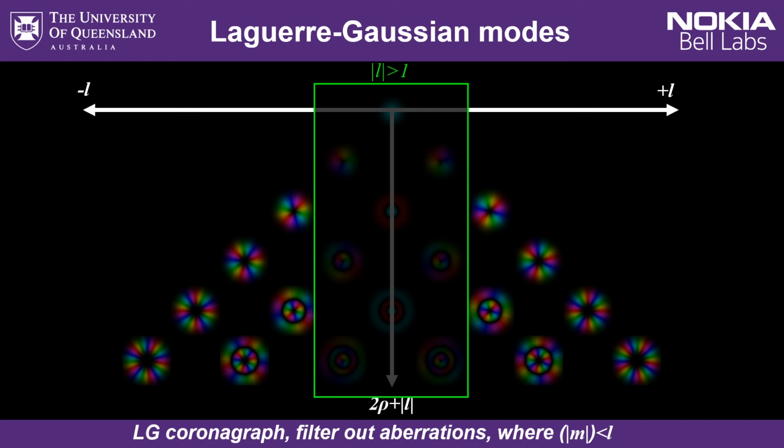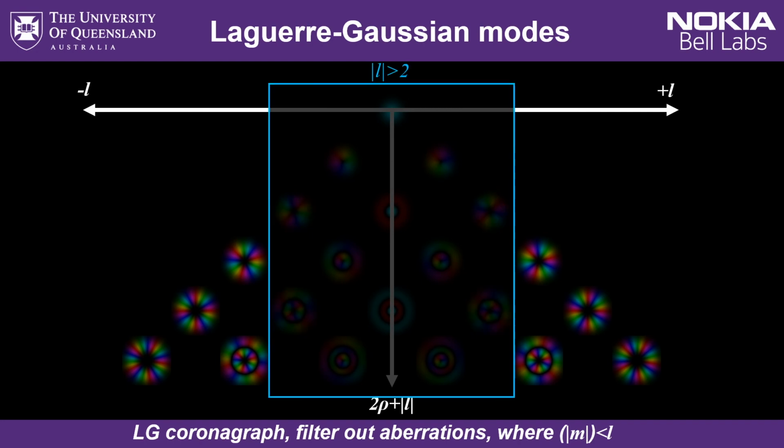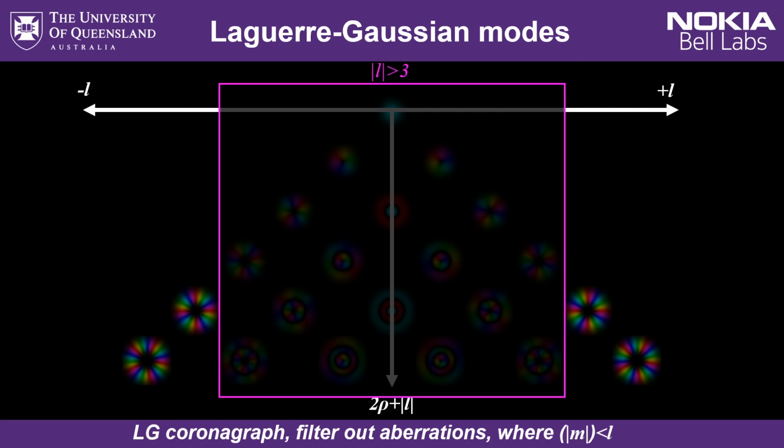So if we block out L equals 1, that gives us insensitivity to tilt, but also to coma and all the higher order coma terms. If we block up to azimuthal index 2, we start to filter out astigmatism, but also higher order astigmatisms. Blocking up to L equals 3, we're blocking out trefoil and also all the higher order trefoil terms.